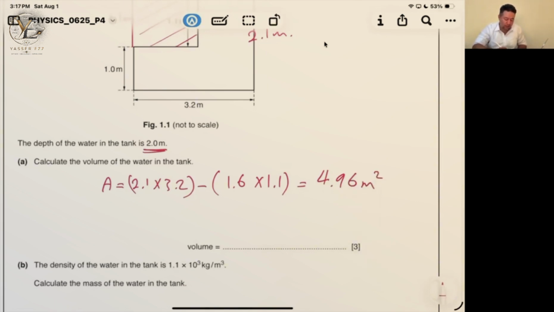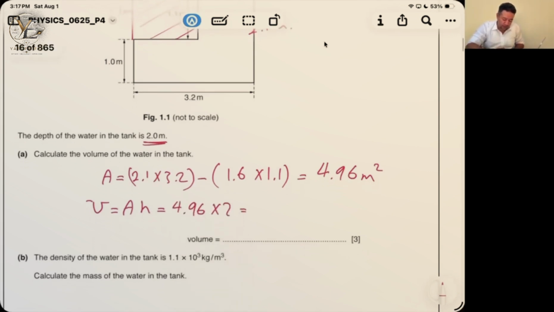No need for any conversions. I'm going to write the final result in the space provided with two significant figures like all of them. So I'm going to multiply area times height, or depth here, which will give us the volume.